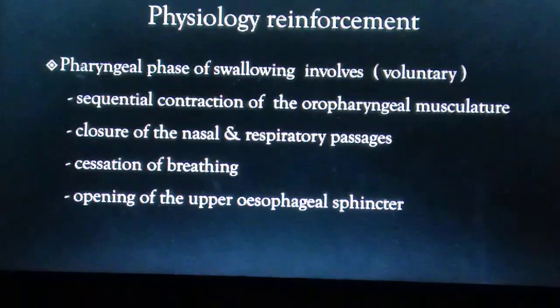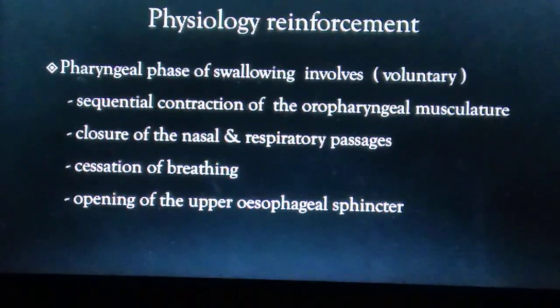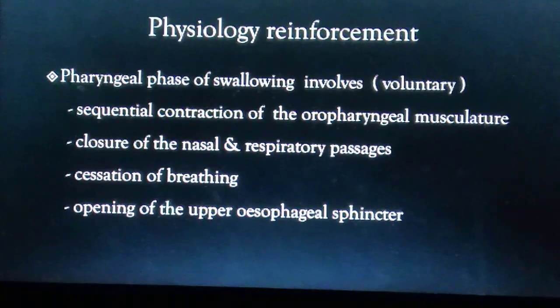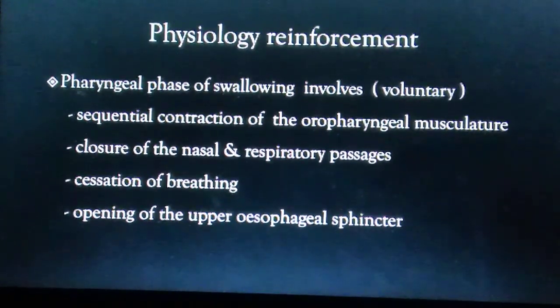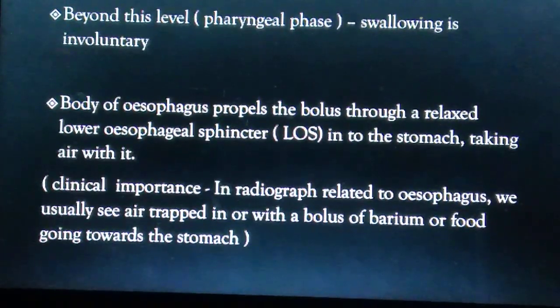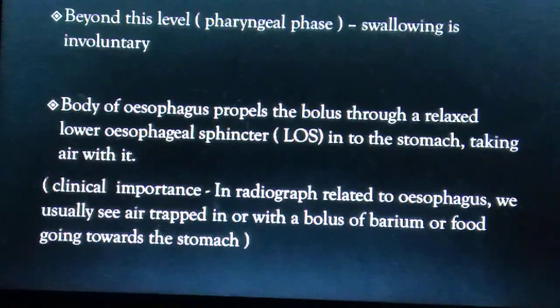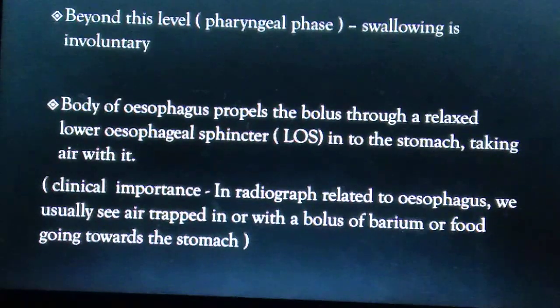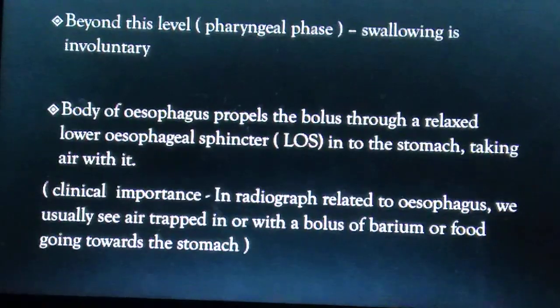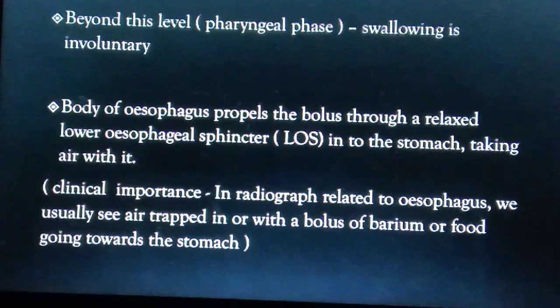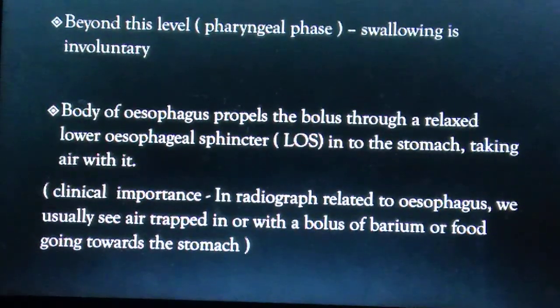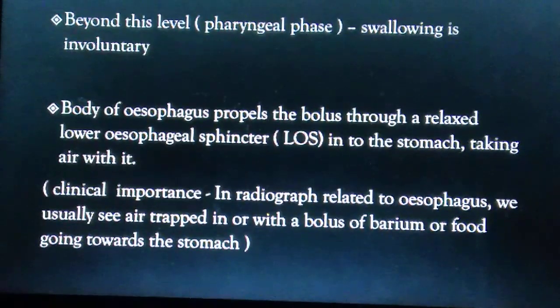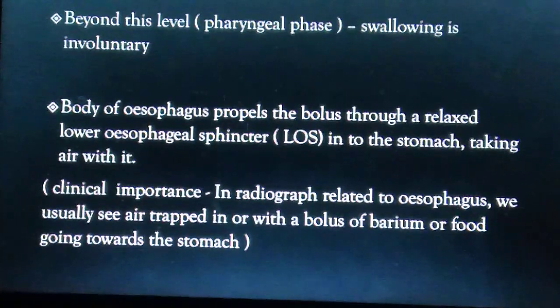All these four things happen in a very coordinated manner, voluntary in nature. Beyond this level, that is the pharyngeal phase, the swallowing is involuntary. The body of the esophagus propels the bolus through a relaxed LOS into the stomach, sometimes taking a small amount of air with it.